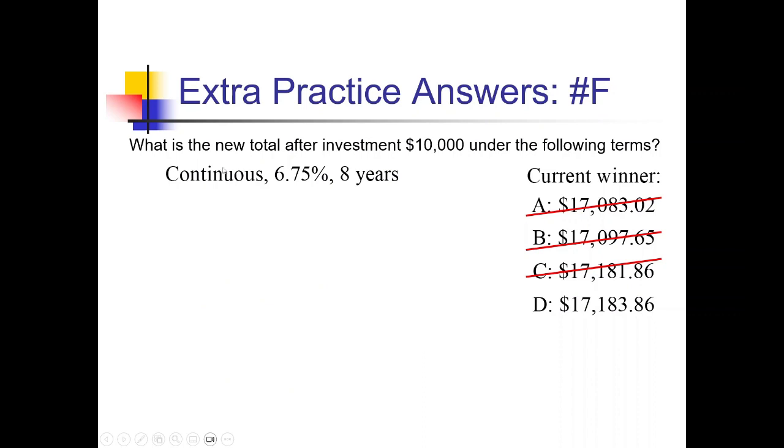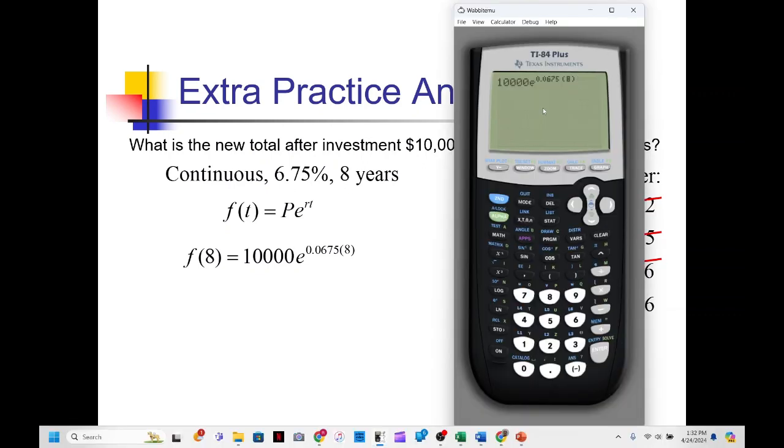For Plan F, we have continuous compounding, 6.75% for 8 years. So that's going to be our P E R T formula. We've got 10,000 times E to the, and now we're going to have 0.0675 for the R value. And that's going to be multiplied by 8 for the T value. And let's plug all of that in.